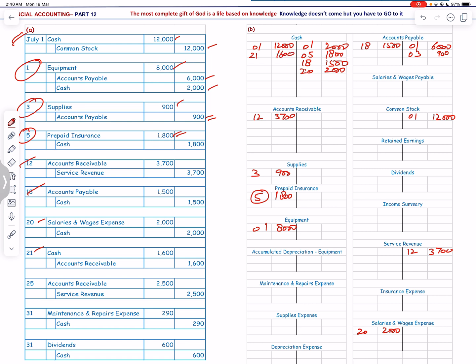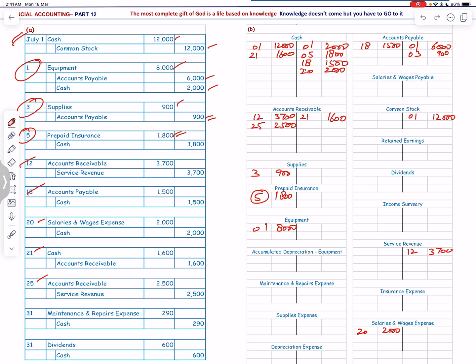Then accounts receivable is debit on 25th by 2500 and service revenue on 25th is credit by 2500.